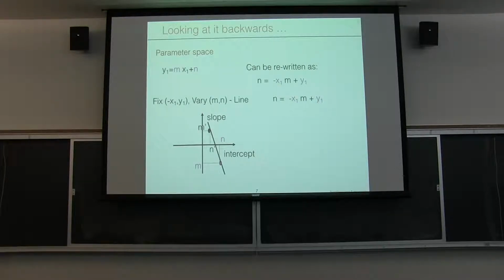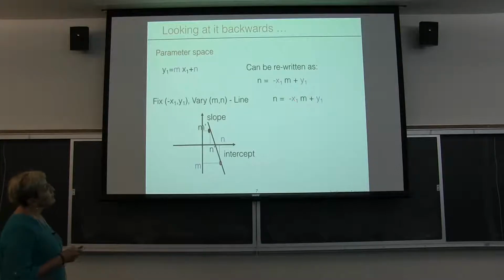So in this equation now, n and m are the variables, and x1, y1, which was a fixed point in my image space, become the parameters.